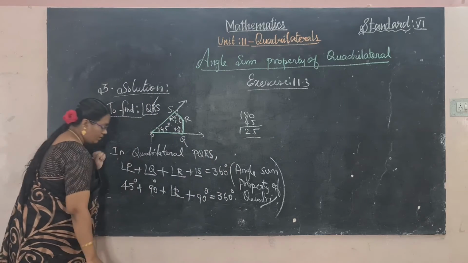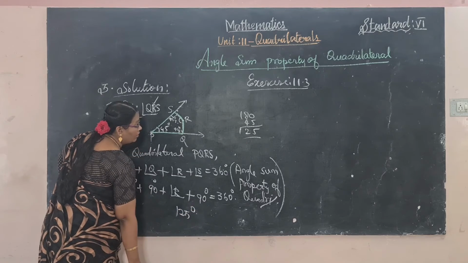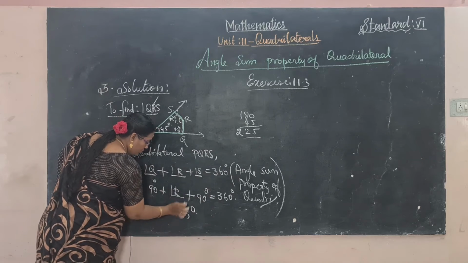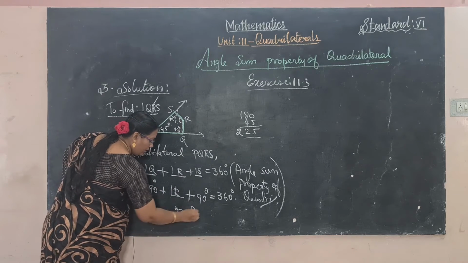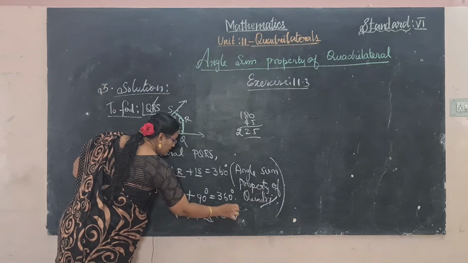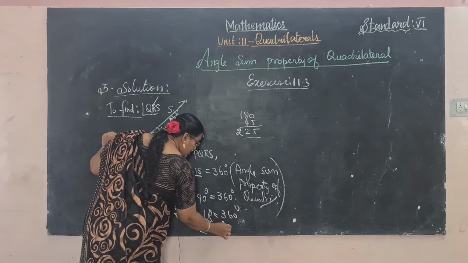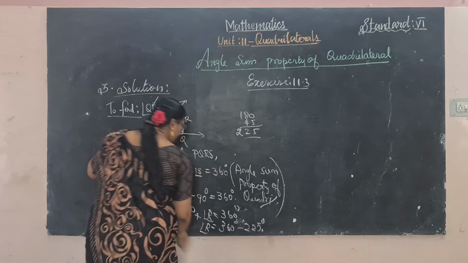225 degree, sorry. 225 degree plus angle R equal to 360 degree. So angle R equal to 360 degree minus 225 degree.